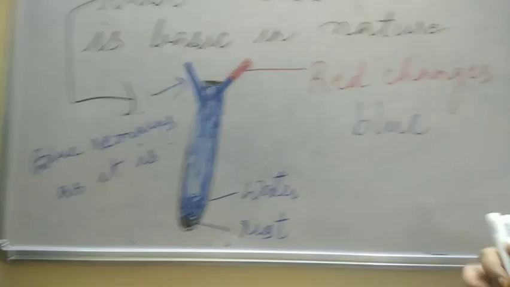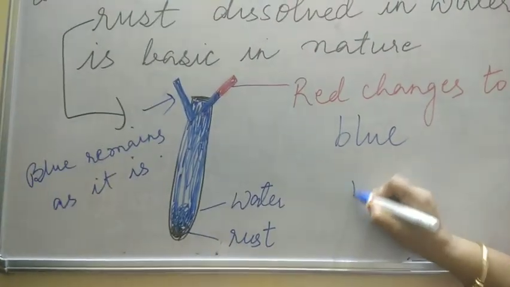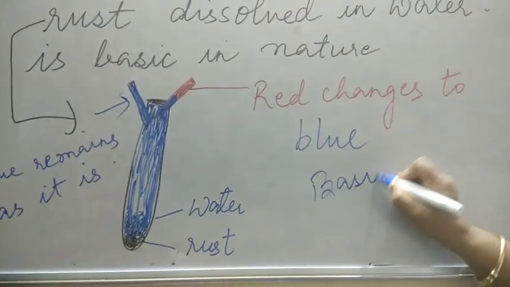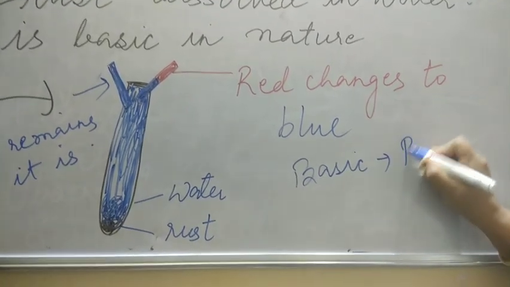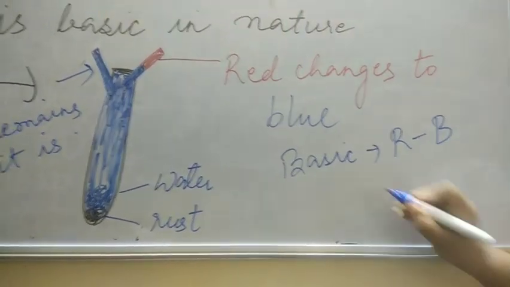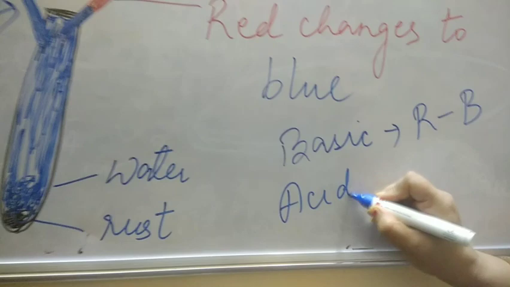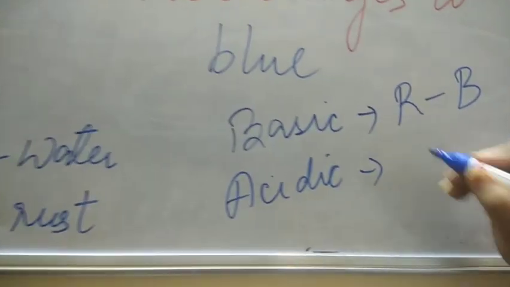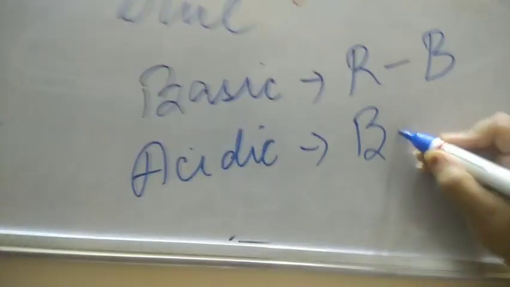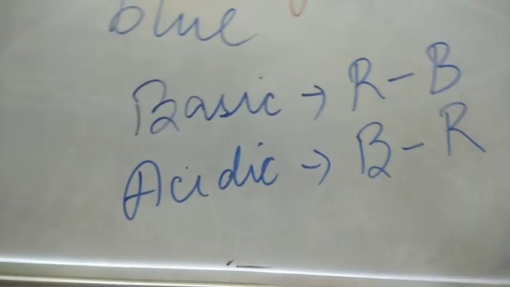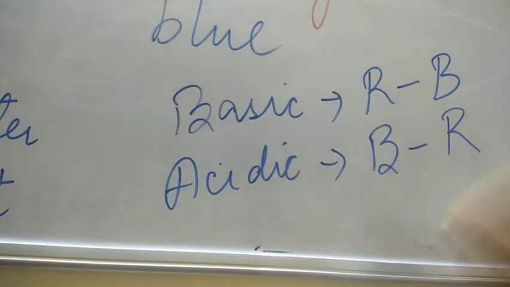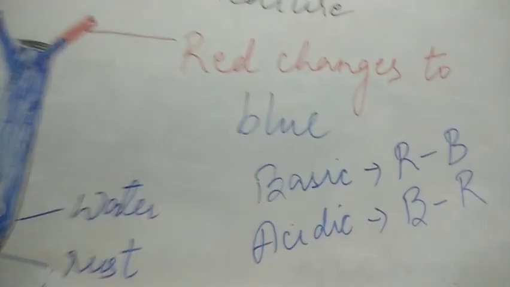Let me recall for you. For basic, the litmus paper should change from red to blue, and for acidic, the litmus paper should change from blue to red. So here I have to take both the litmus papers, red as well as blue.